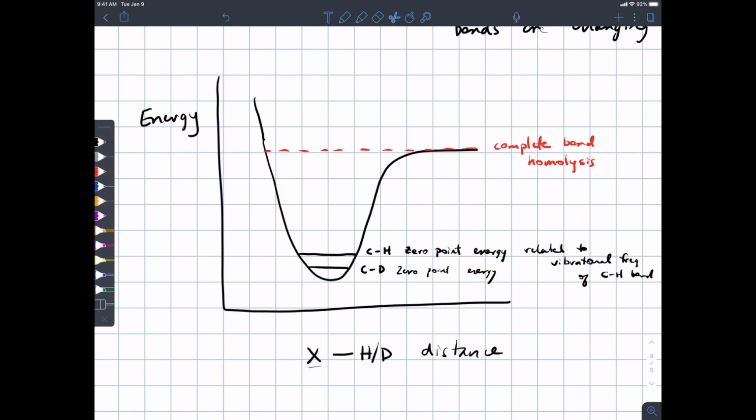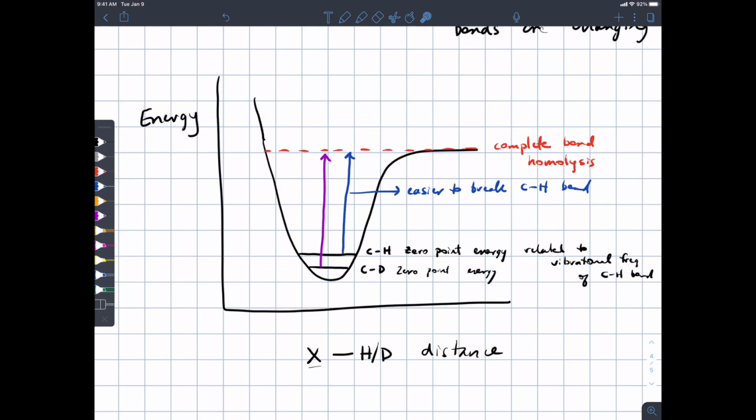So in theory, it requires less energy, it's easier to break the carbon-hydrogen bond than it is to break the carbon-deuterium bond, because this energy difference in blue is less than this energy difference in purple.